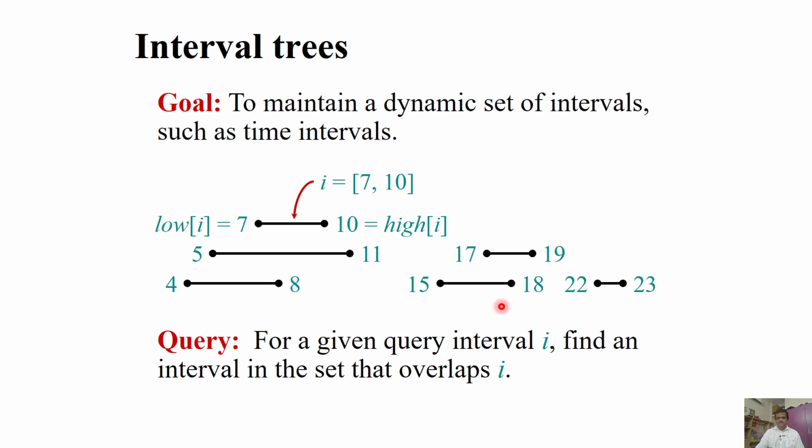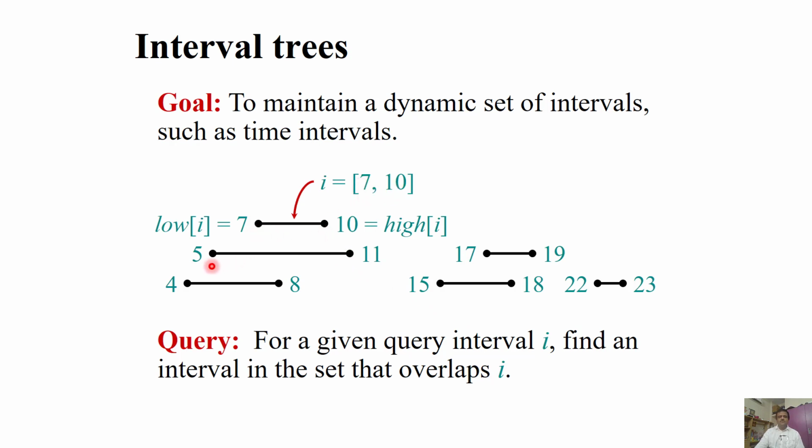Now we are given a query interval, and we have to find an interval in this set S, which is dynamic, that overlaps with I. Suppose our query interval I is 7 and 10.